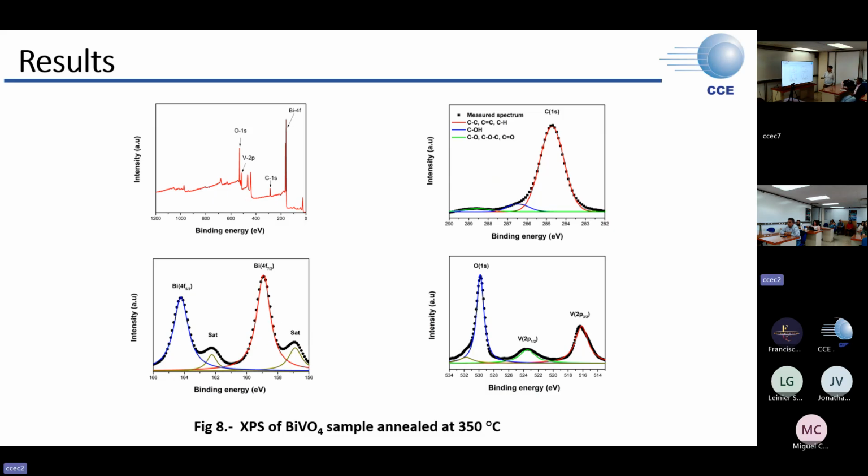We perform XPS. This is important because we can estimate the presence of different functional groups by making the convolution process. And we can corroborate the oxidation states of the different elements that form the material, bismuth, vanadium, and oxygen. They are similar to those reported in the literature.